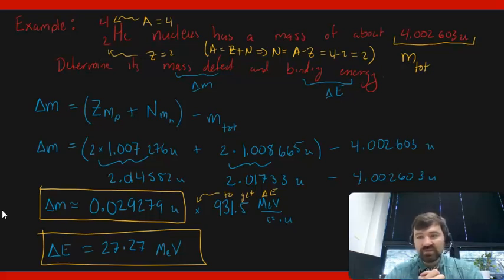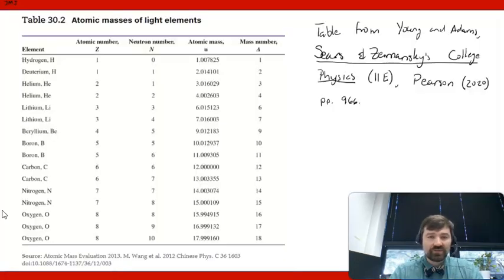Some textbooks, though not all, have a nice set of tables. For example, this is the table that Sears and Zemansky's physics provides, and it even tells you where the source is, so you could go to this paper directly and look at their data.